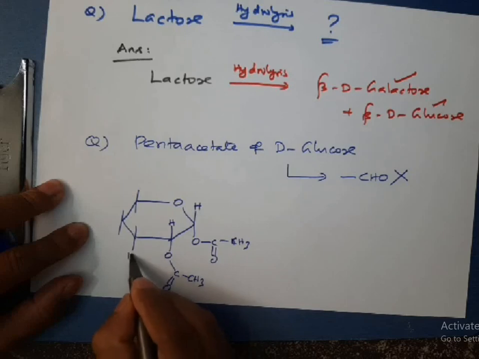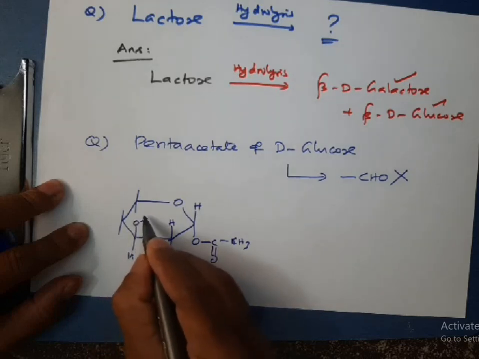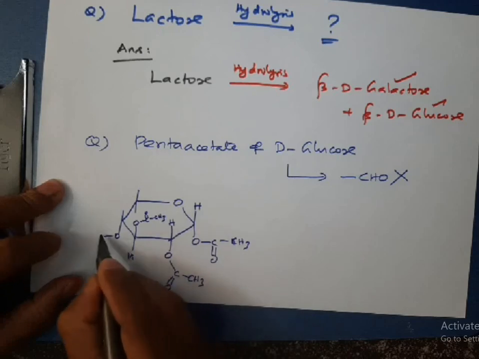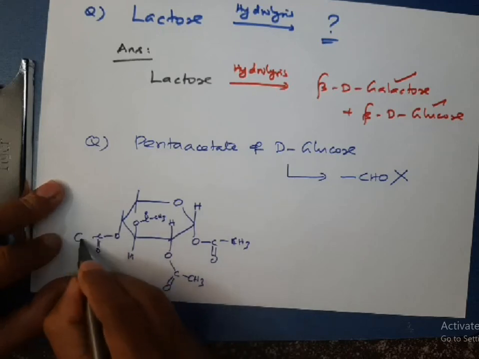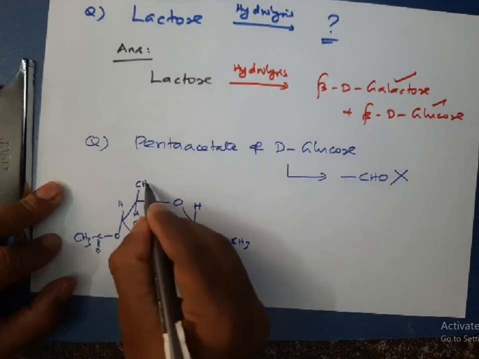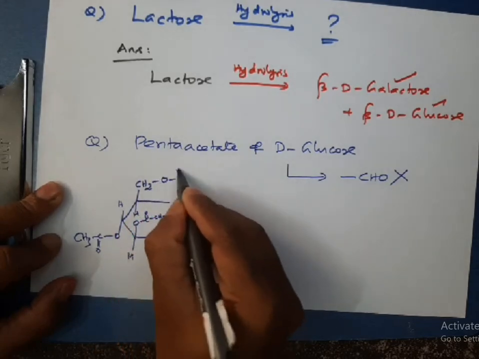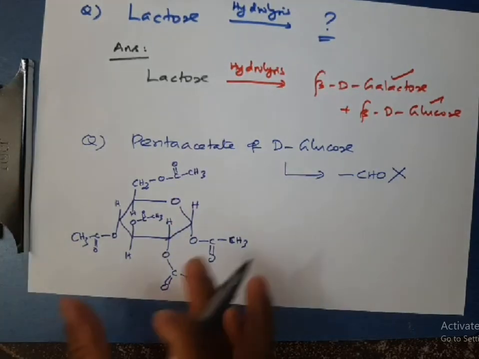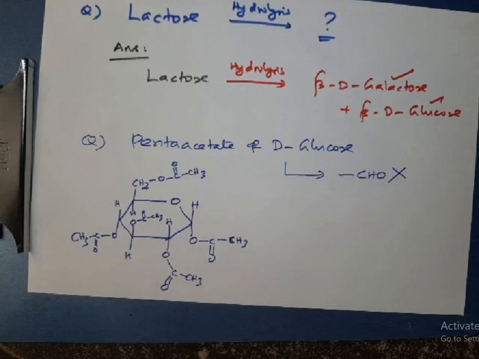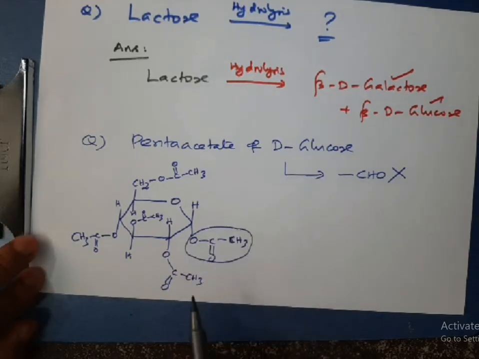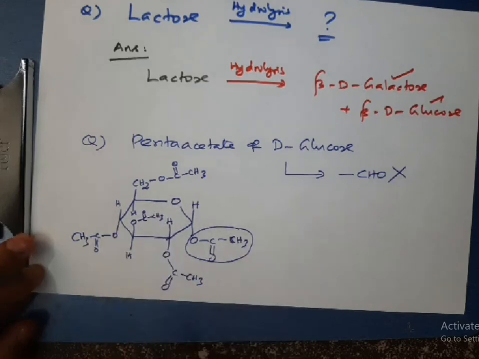Similarly here, hydrogen, and here OCOCH3, and here OCOCH3, and here CH2OCOCH3. Students, this is the pentaacetate of D-glucose. These are all called acetate units. Like this we have 5 acetate units.